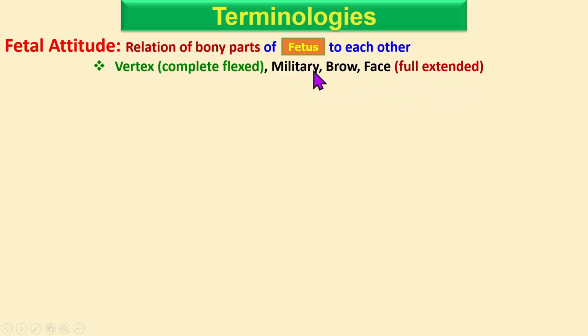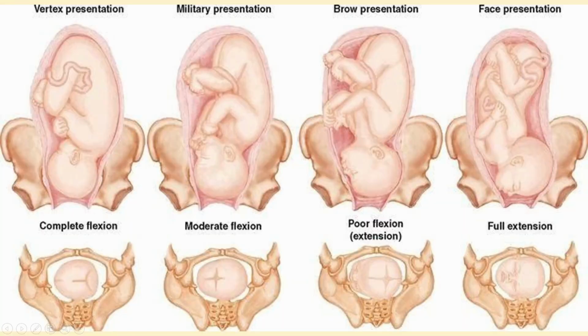If you look at here, all the body parts are flexed. So head is flexed, the limbs are flexed. So during the vertex presentation, the attitude is complete flexion.